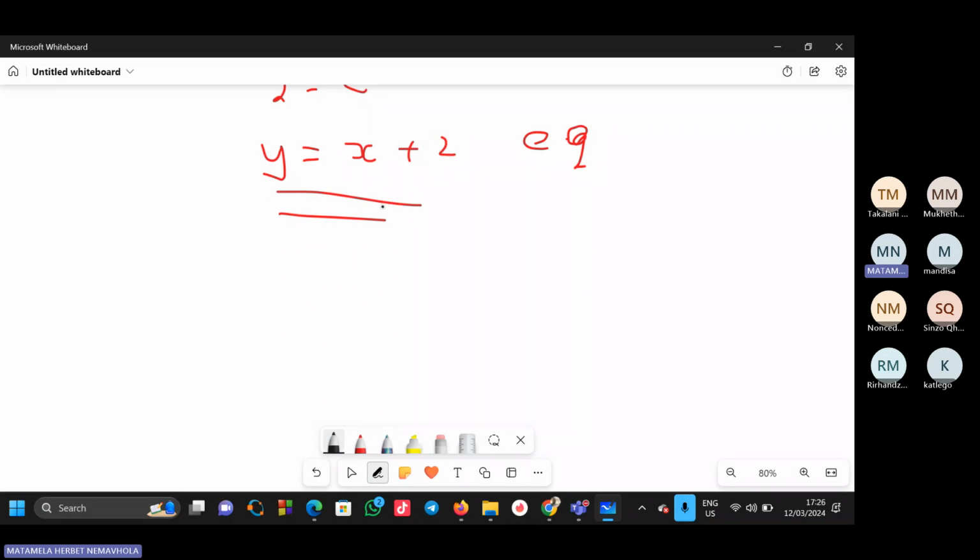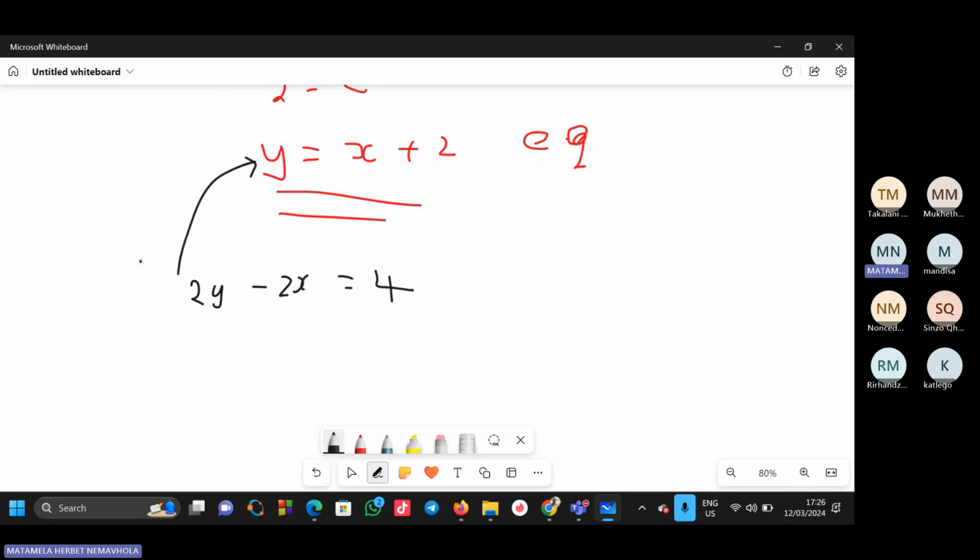When we multiply everything by 2, they can say, choose the equation that is the same as the straight line. They will say there is a straight line that passes through points P and Q, then find the equation. Then in your multiple choice question, you find that they wrote it like 2y minus 2x equals 4.